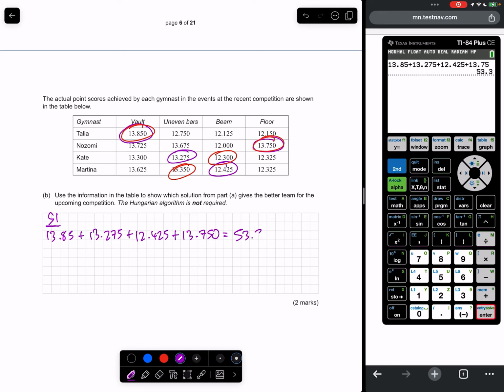Yeah, 53.3. Solution 2 was 13.85 again, plus 13.35 this time, plus 12.3, plus 13.750, 13.85 plus 13.35 plus 12.3 plus 13.75, 53.25.